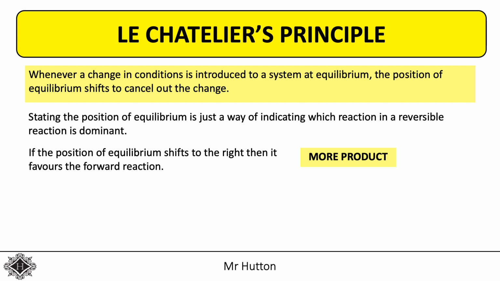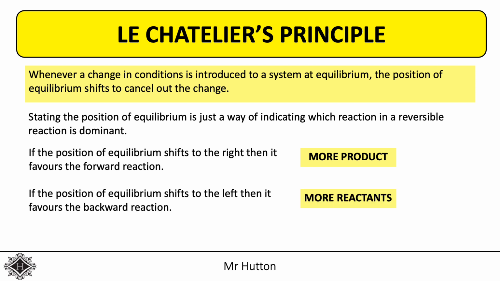If we said the position of equilibrium shifts to the right, then that means it's favoring the forward reaction, so you get more product. Remember, our products are on the right. If we said the position of equilibrium shifts to the left, then that means it favors the backwards reaction, and we get more reactants, because remember, our reactants are on the left.